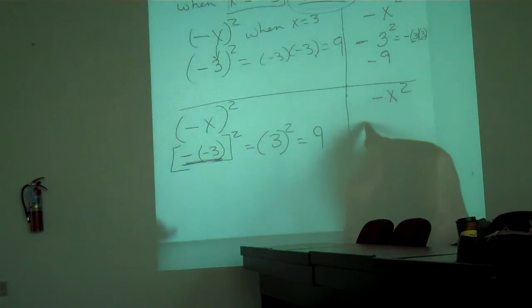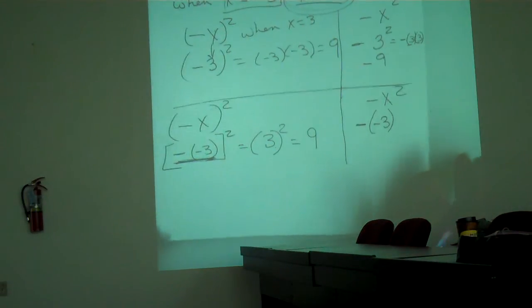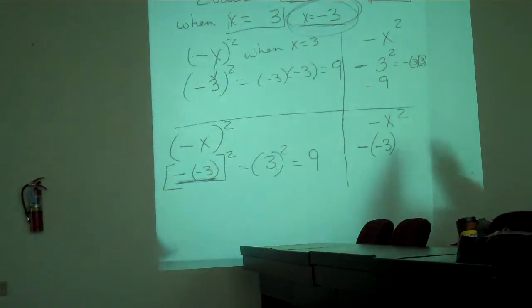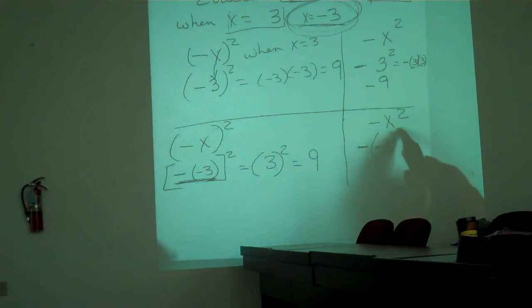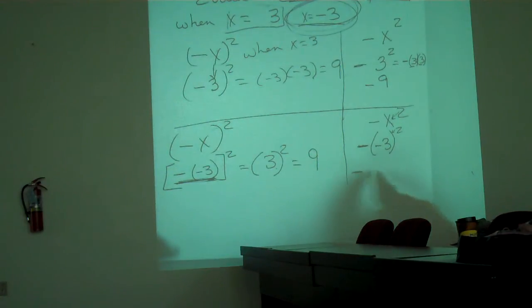This one, leave the negative out, replace the x with the -3. We're using the -3 now. This is the only part being squared, the x part. So you still leave your negative out here. You're squaring the -3. So you have 3 negatives.